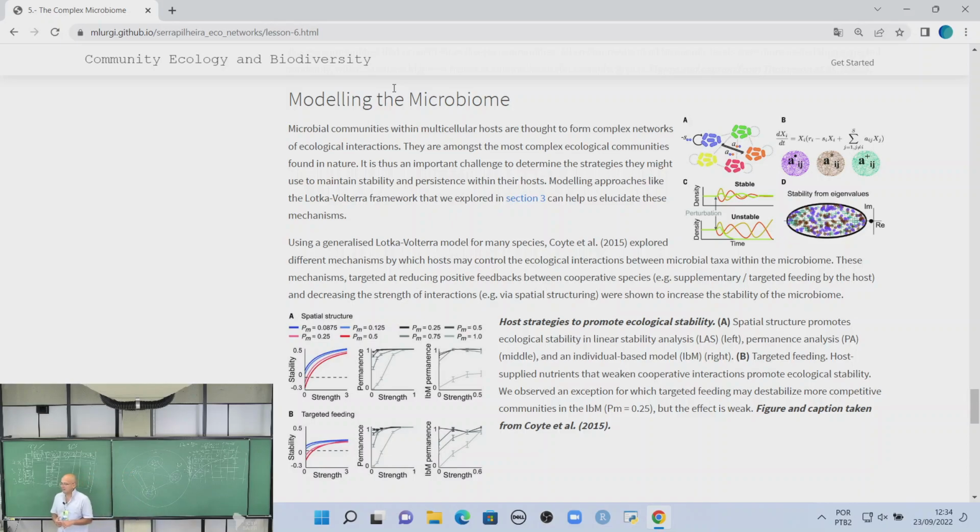The way in which you can incorporate that mechanism into this model is by decreasing the strength of the mutualistic interactions. And similarly, for the spatial structuring case, you decrease the competitive interactions and the exploitative interactions, so the predator-prey kind of dynamic, right?